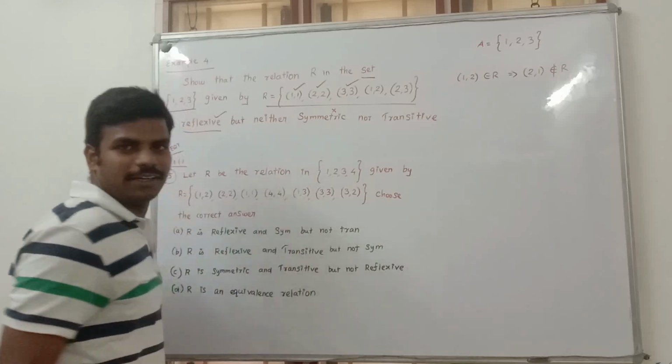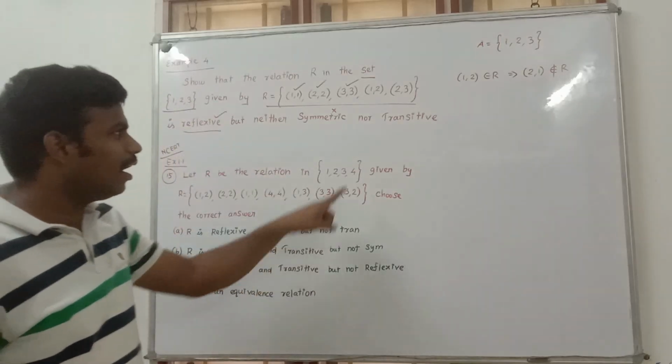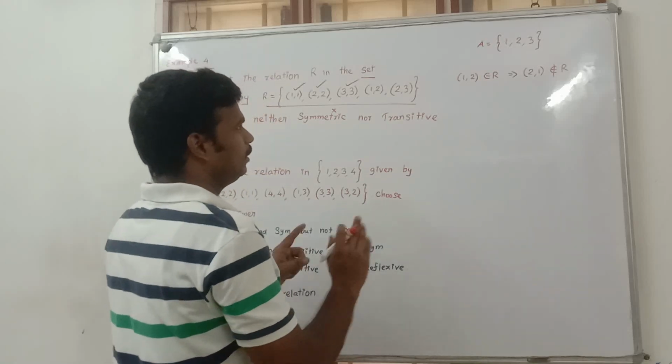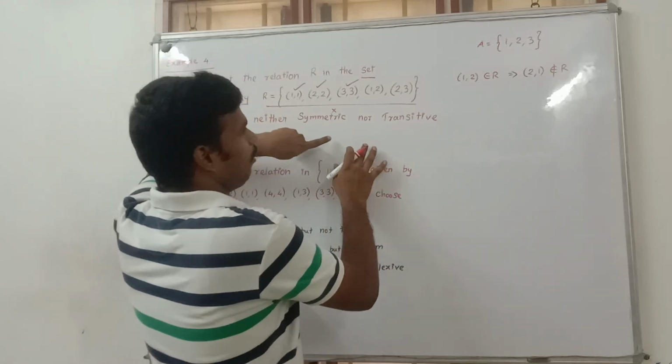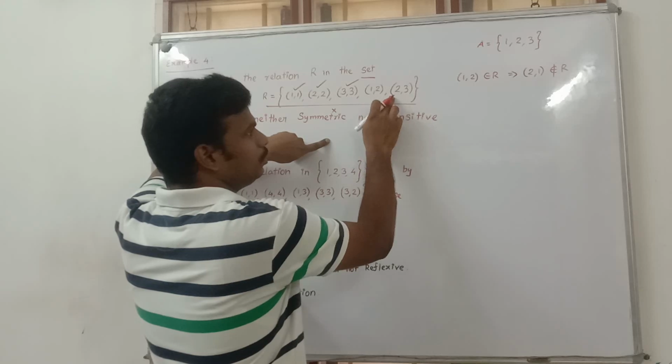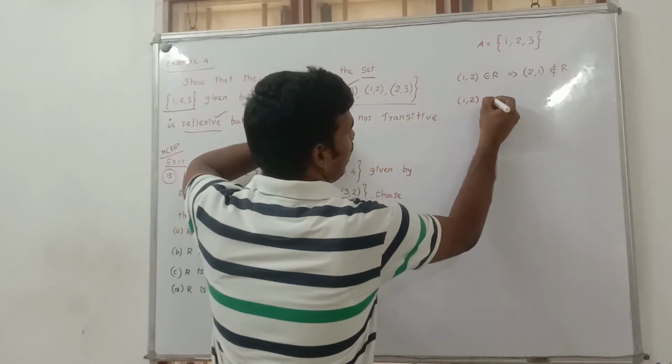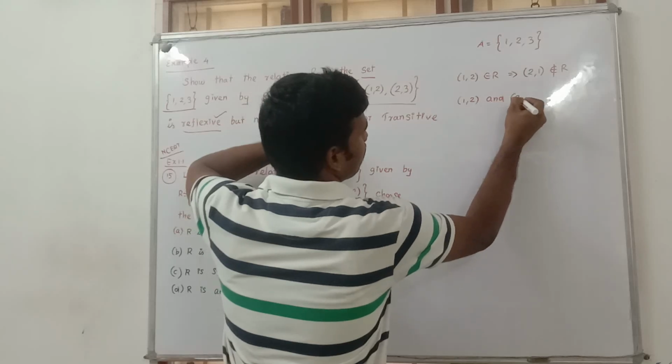When we discuss the last case, transitive, we know very well the same concept applies here. We have to take the elements (1, 2) and (2, 3).